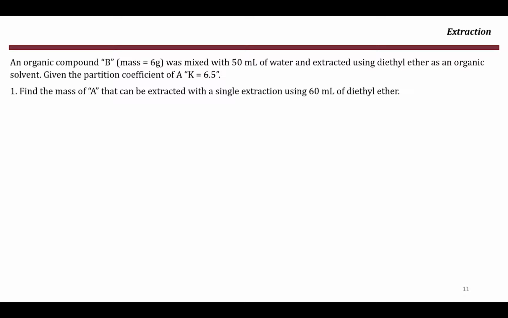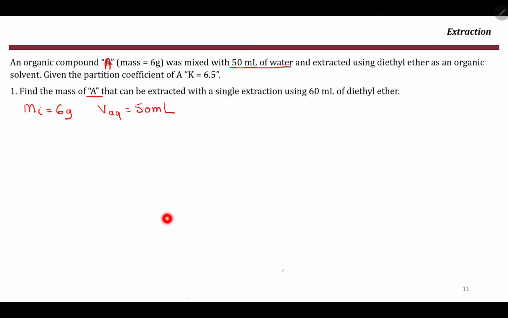So this is the problem. Again, we have an organic compound. It has a mass of 6 grams. So this is the initial mass. Actually, this is compound A. So the initial mass is equal to 6 grams mixed with 50 milliliters of water. So volume aqueous is equal to 50 milliliters.